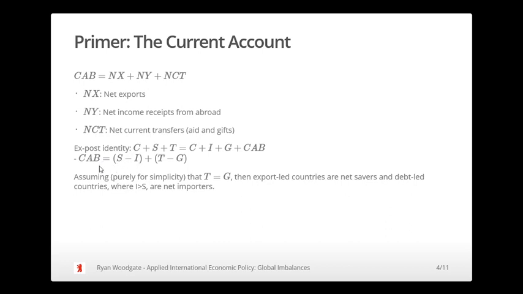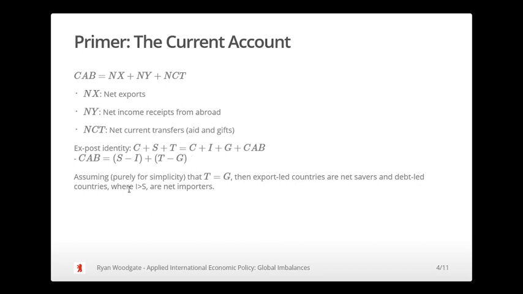So if a country has high positive net exports and is receiving incomes from abroad greater than it is sending abroad, then the positive current account balance implies that saving is greater than investment. And this must be true simply by the way these variables are measured and computed in the national statistics offices around the world.